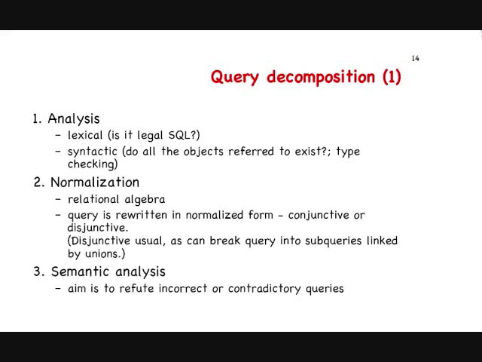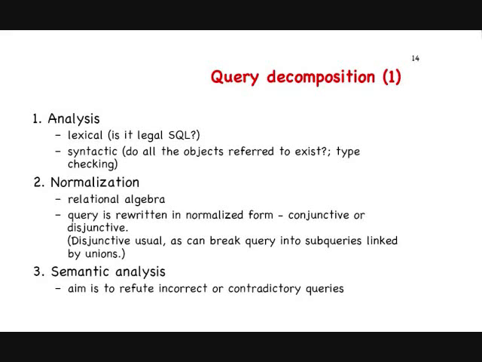Assuming you've got legal SQL, which refers to things that exist, you can then go on to normalize it. So you translate it, you compile it into relational algebra, and you rewrite it in normalized form, usually disjunctive form, because disjunctive forms of relational algebra are easier to break into subqueries and join things up again by unions.